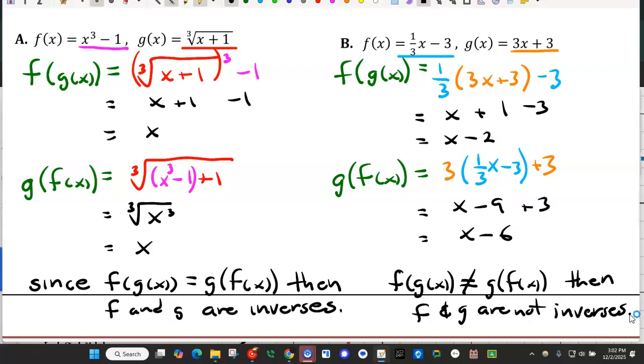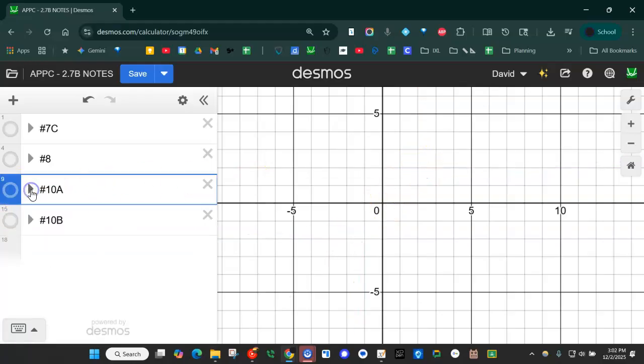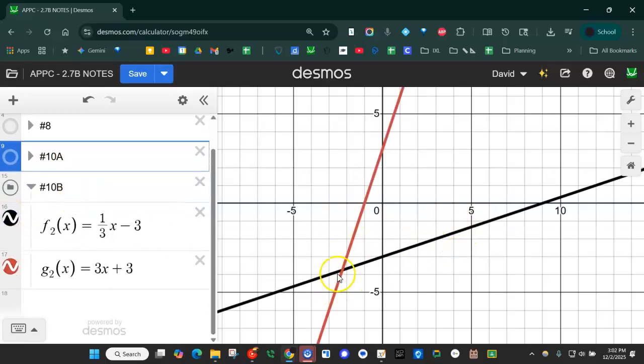Now, just to be thorough, what does it look like graphically when it's not an inverse? We know inverses will look like this, going right through the origin, y equals x. If we have something that's not an inverse, you can see they still have a mirror-like reflection quality.